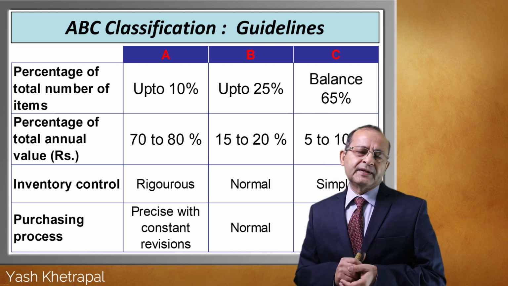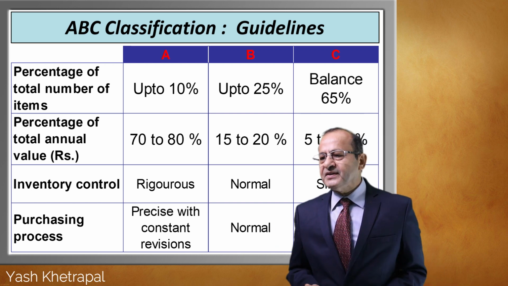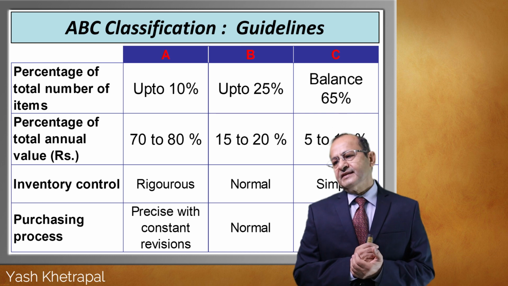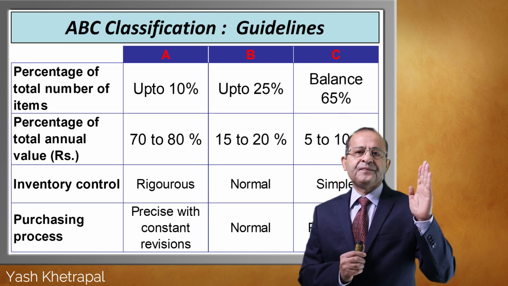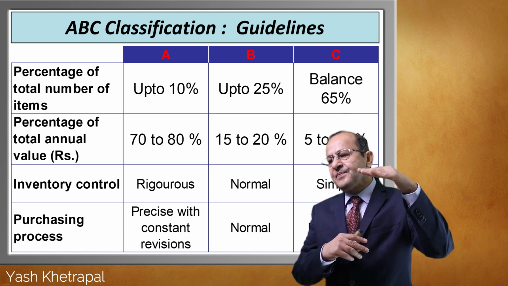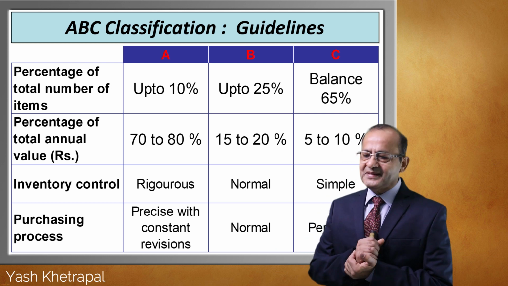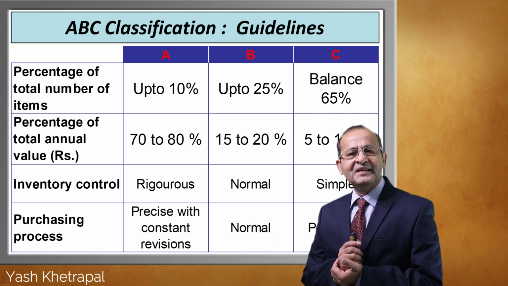Inventory control is rigorous for A, normal for B, simple for C. Purchase process is precise with constant revisions because items are expensive. We monitor. We don't allow the stock to go up. For B, it's normal. For C, it's fully dedicated to the juniors. Periodical.